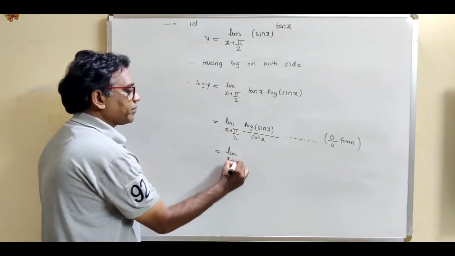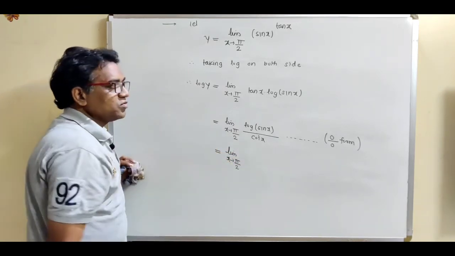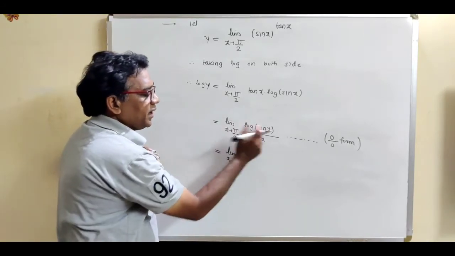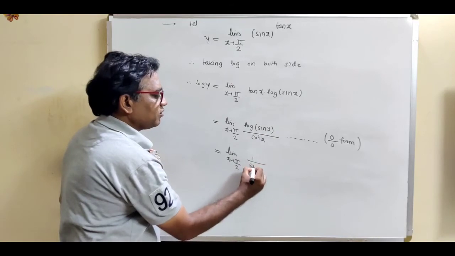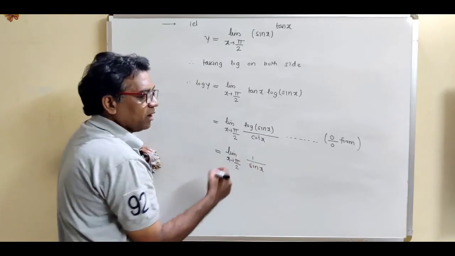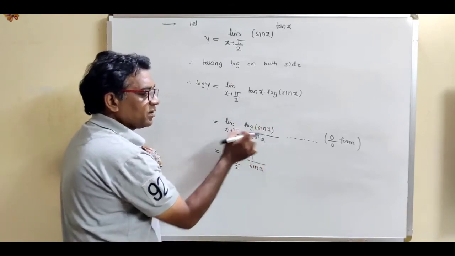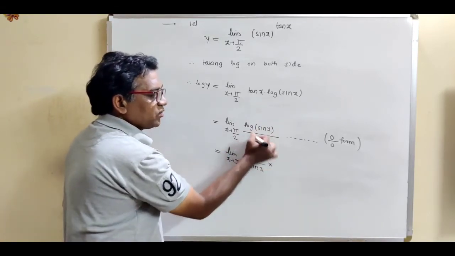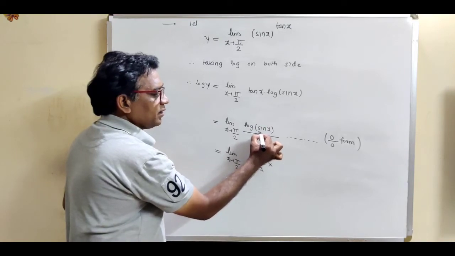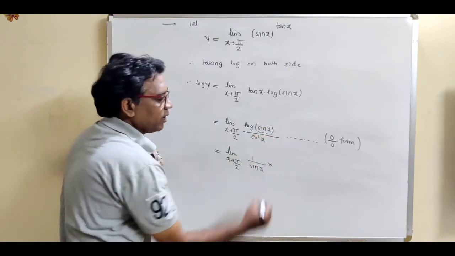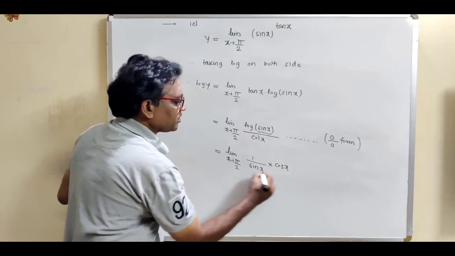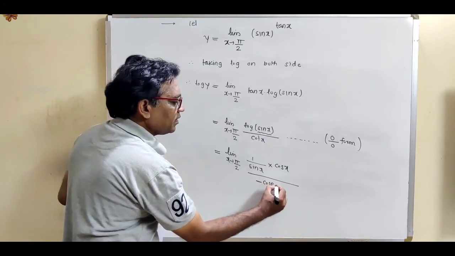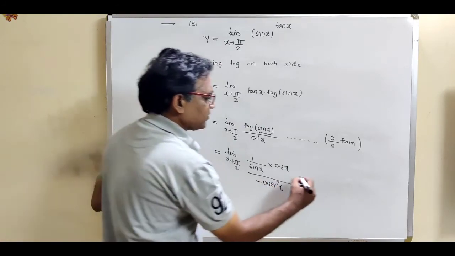This is limit x tends to pi by 2. So what is L'Hopital rule? Just take the separate derivative. Derivative of log x is 1 upon x. So use this formula. Derivative of log function is 1 upon the same function, which is sin x, into, according to chain rule, multiply by the derivative of this inner function. Derivative of sin x is cos x, divided by derivative of cot x, which is minus cosec square x.